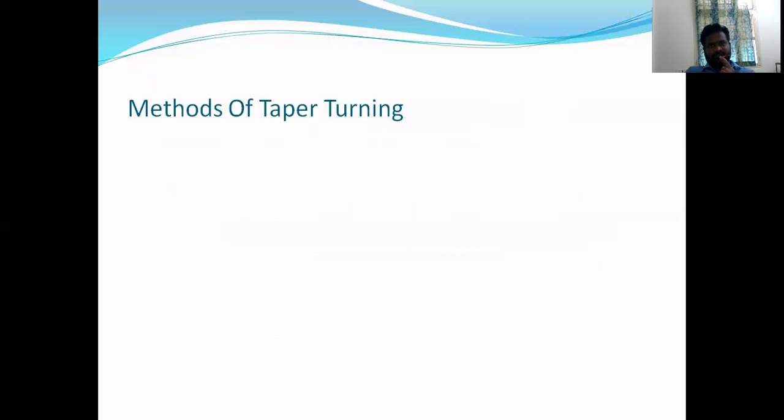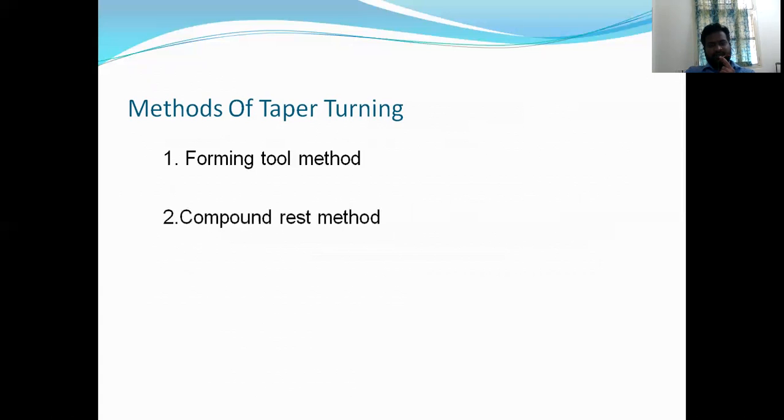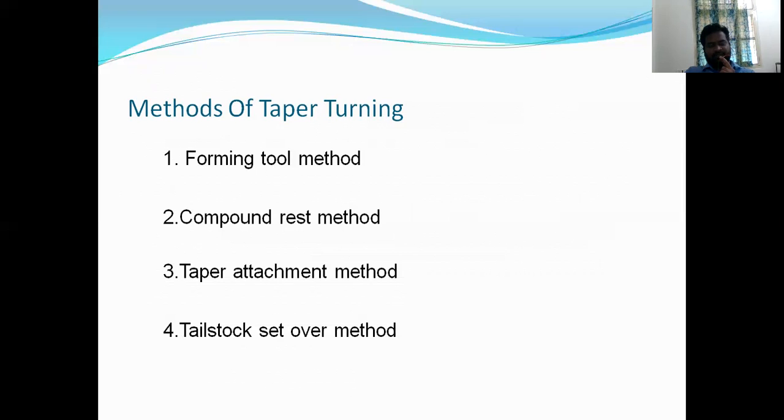Some of the methods for taper turning: the first one is the forming tool method. Second one, compound rest method. Third one, taper attachment method. And the fourth one is the tailstock set over method. By these four methods, we are producing taper shapes on the workpieces.